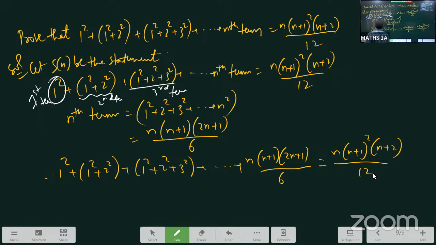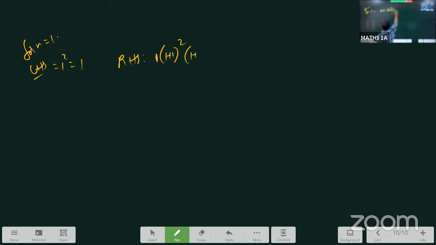Now, same as usual, for n equal to 1, means first term. So for n equal to 1, LHS, that is 1 square is 1. In RHS, you put n equal to 1, that is 1 into 1 plus 1 whole square, 1 plus 2 by 12.